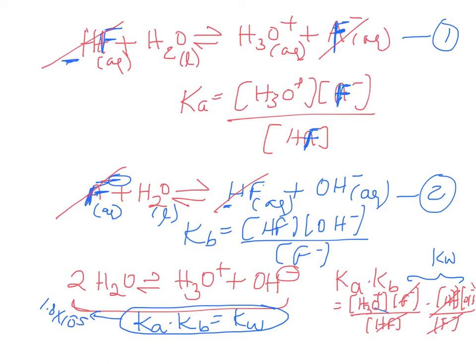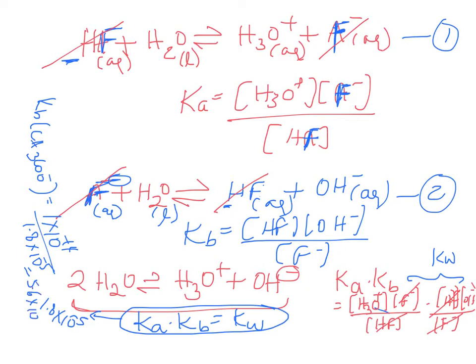So if I wanted to determine the Kb for acetate, I would say that Kb for acetate, CH3COO negative, is going to be 1 times 10 to the negative 14 divided by 1.8 times 10 to the negative 5th, and that gives me an answer of 5.6 times 10 to the negative 10. And that's your Kb value for the acetate.